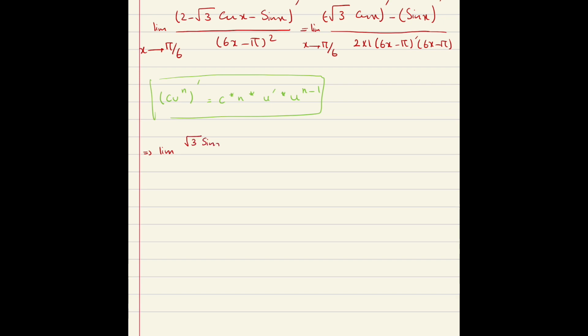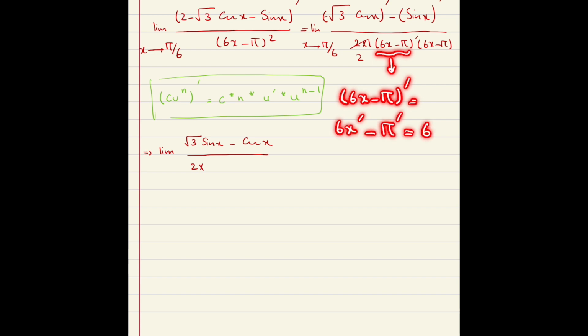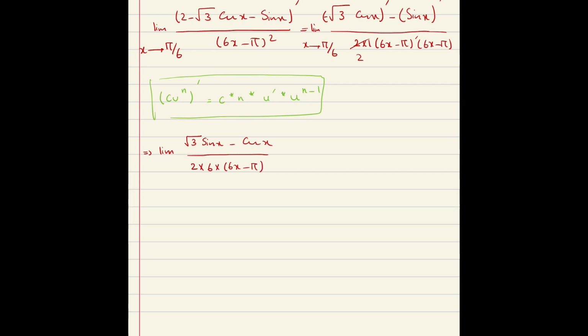So it would be limit of (root 3 sine x minus cosine x) over 2 times the derivative of 6x minus pi. Well, the derivative of 6x minus pi is the derivative of 6x minus the derivative of pi. The answer is 6. So the denominator would be 2 times 6 times (6x minus pi), x approaching pi over 6.